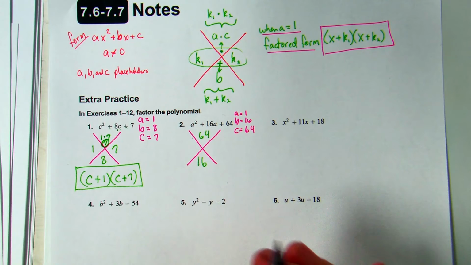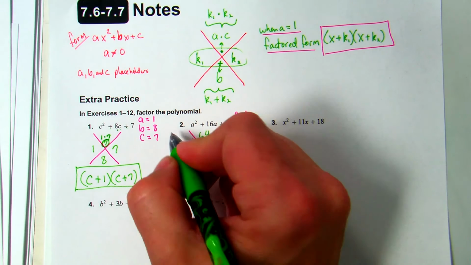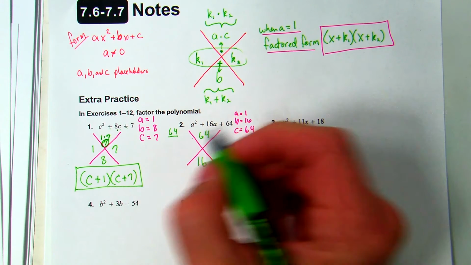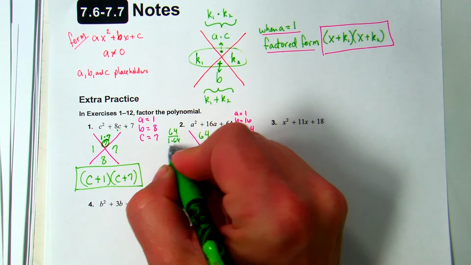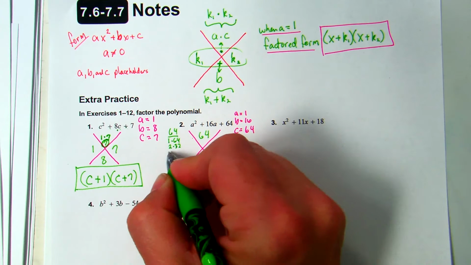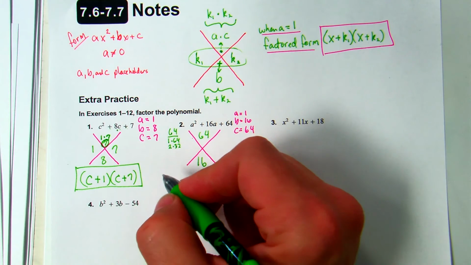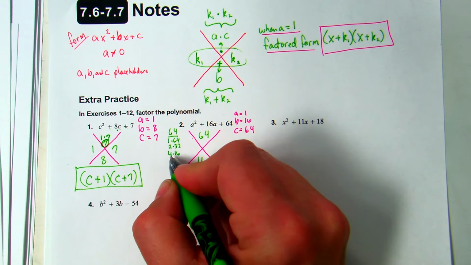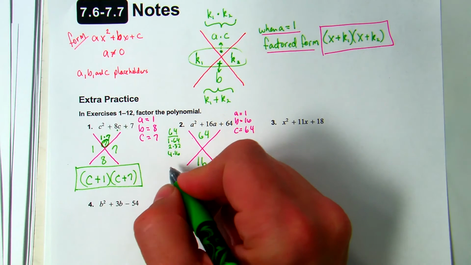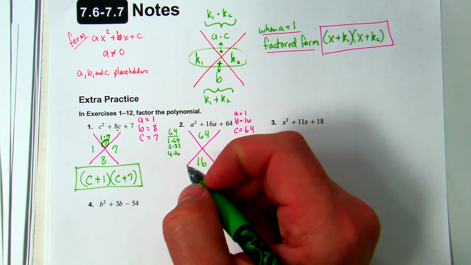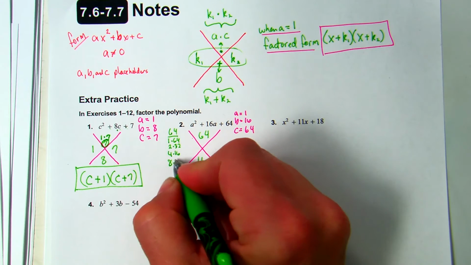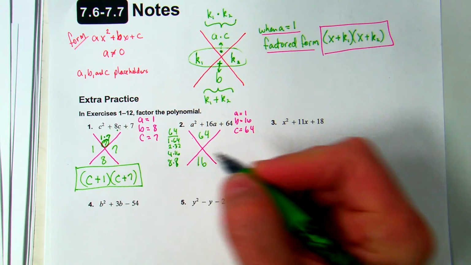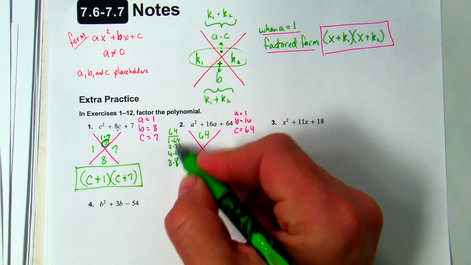And then we look at the top number, and what are the factors of 64? 1 and 64, 2 and 32, 3 doesn't go, 4 does, 16 times, 5 no, 6 no, 7 no, 8 yes, 8 times 8, and then it just repeats itself going the other way.